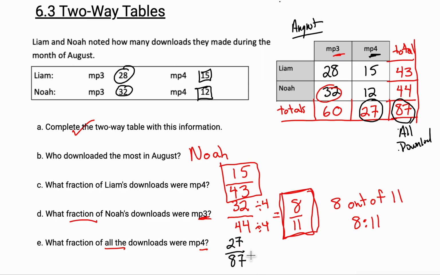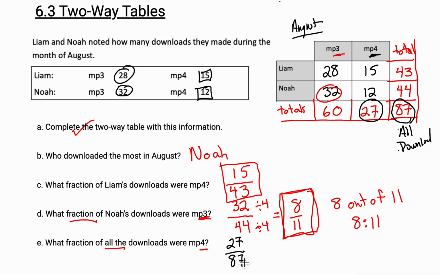Now, most people would look at that and go, I'm done, because it's an odd number. But remember, most people see that the even numbers are divisible by 2, but there's also divisibility by 3. And 27 we can see is divisible by 3 because that's part of our multiplication facts, but 87, I don't know.